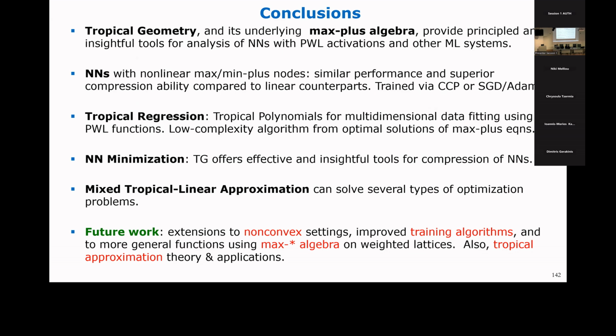Another open area for future work is to find training algorithms for these nonlinear neural nets when we have the max plus neurons. I mentioned some simple cases of shallow neural networks where we tried successfully a new way of training them using convex-concave programming.